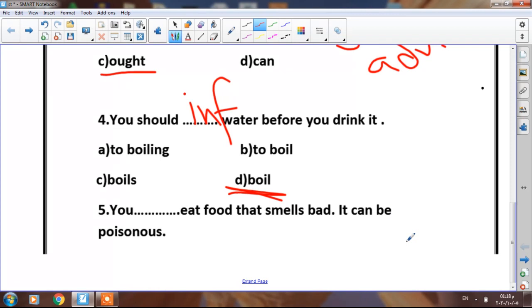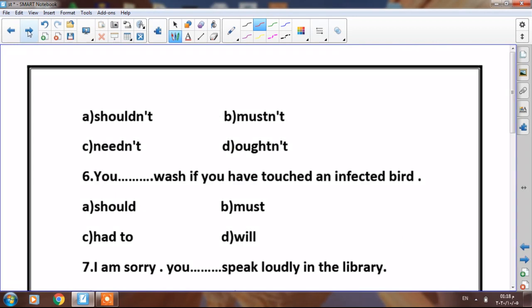Number five. You mustn't eat food that smells bad. It can be poisonous. Without reading, who can tell me what is the answer? Of course it's bad food, so of course you mustn't eat it.